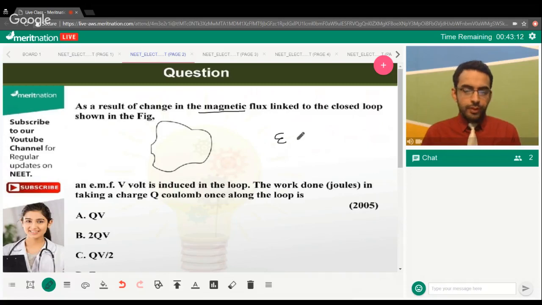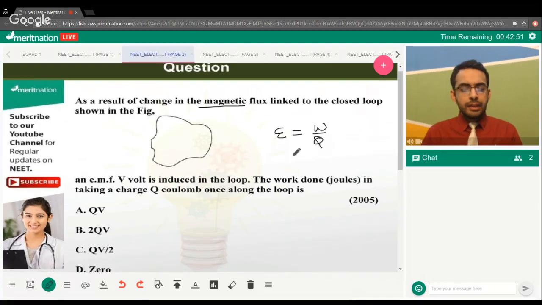What is EMF? EMF is the amount of work done upon charge. Or we can say the amount of work done in moving unit amount of charge through the loop is the EMF, right? So we can say that the work done will be equal to Q times E, where E is the EMF induced.